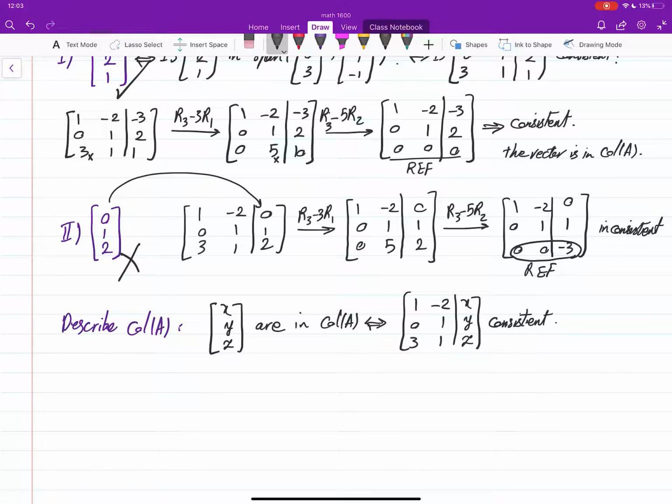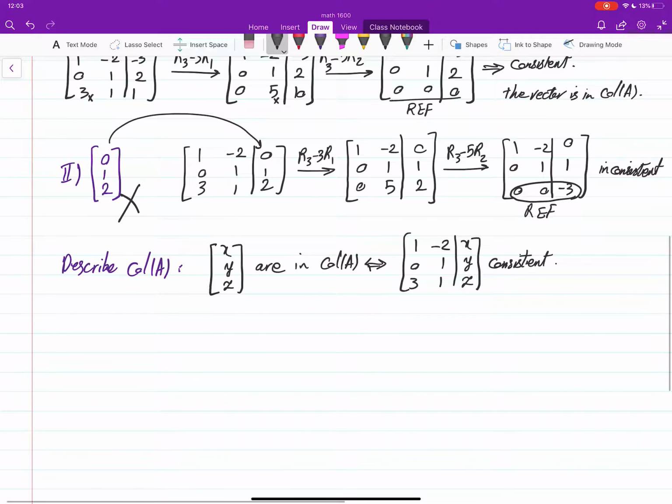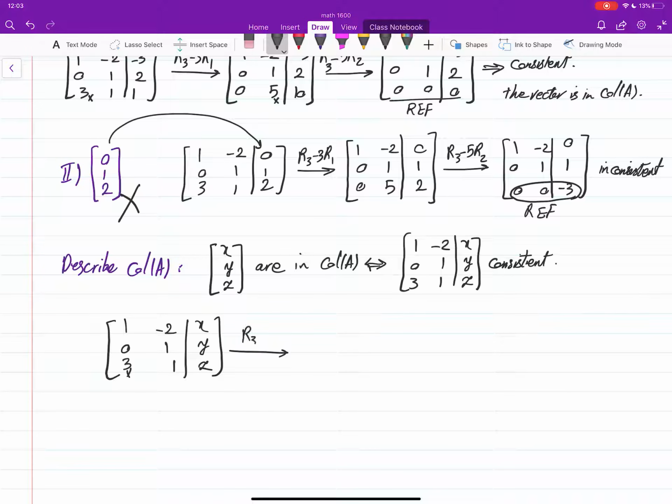Let's see when this happens. So we just do the same steps. X, y, z. We want to get rid of this, so R3 minus 3 row 1. This will give us 0, 5, and the operation we did here is z minus 3x.